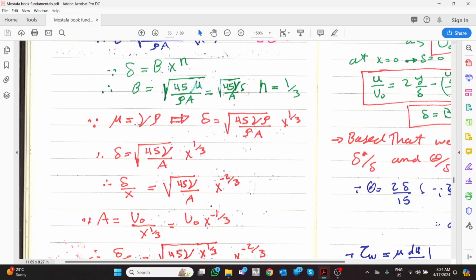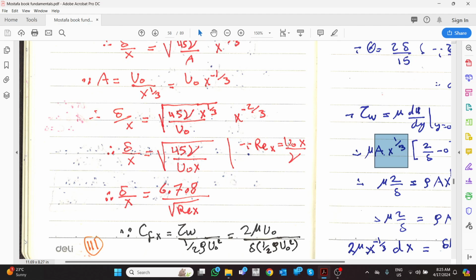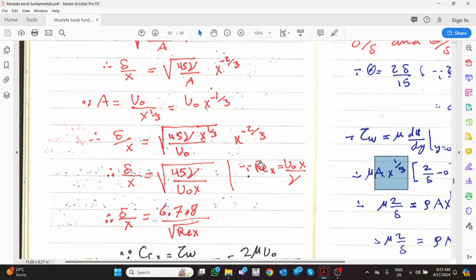Because we know that mu is equal to gamma multiplied by rho, delta can be written like this. It is just manipulation, because we are always trying to get our results in Reynolds number.